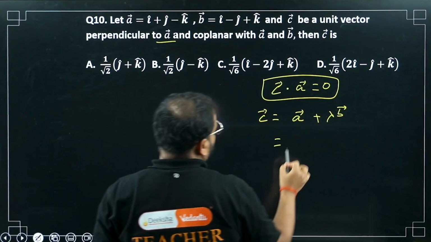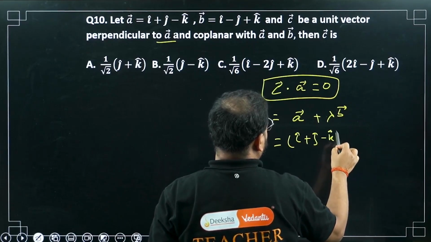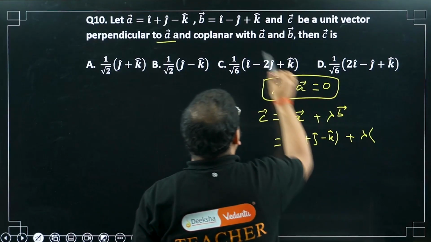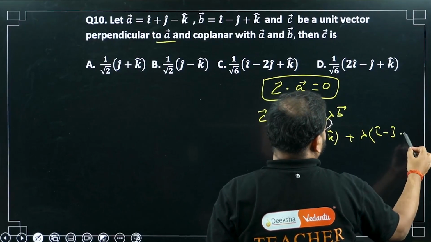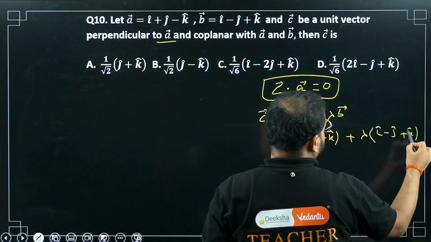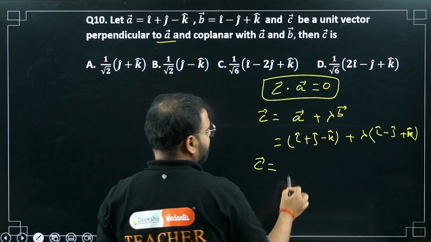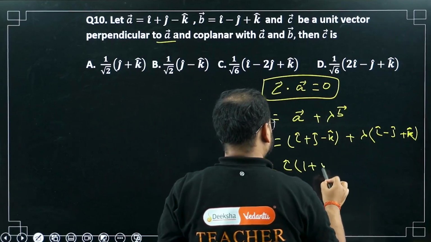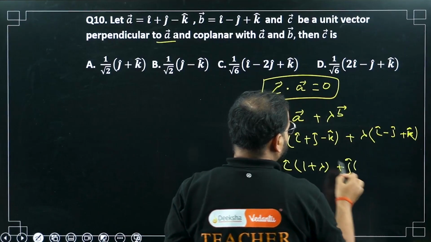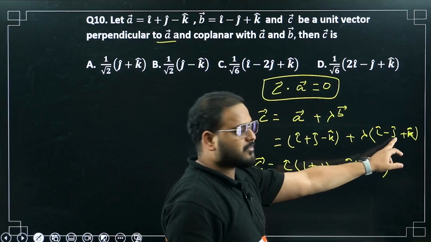So i plus j minus k plus lambda times, for B, i minus j plus k. So what is going to be C? If I compare only for i cap, 1 plus lambda. For j cap, 1 here minus lambda. Lambda into minus 1 is minus lambda.